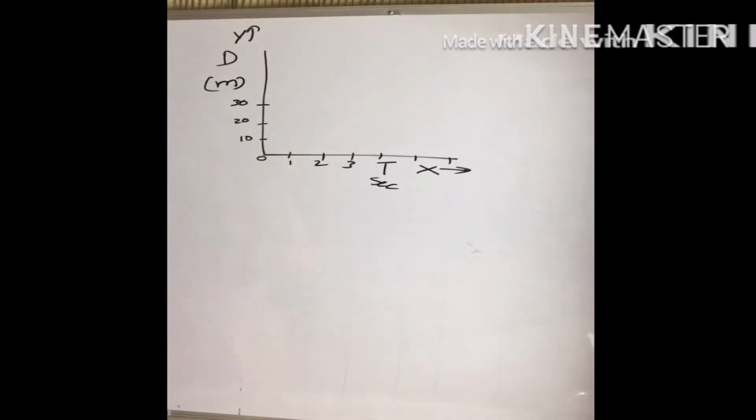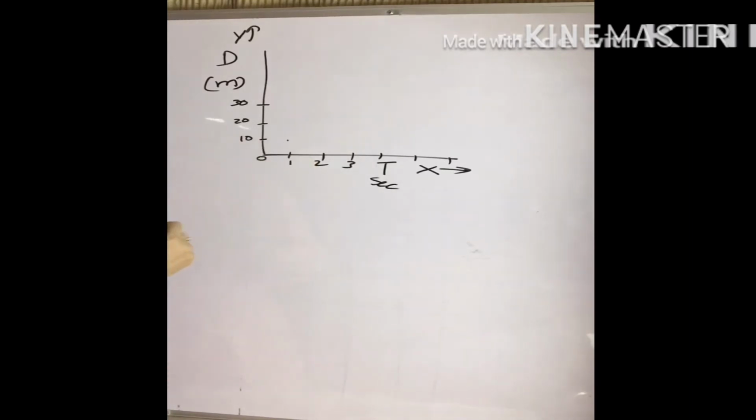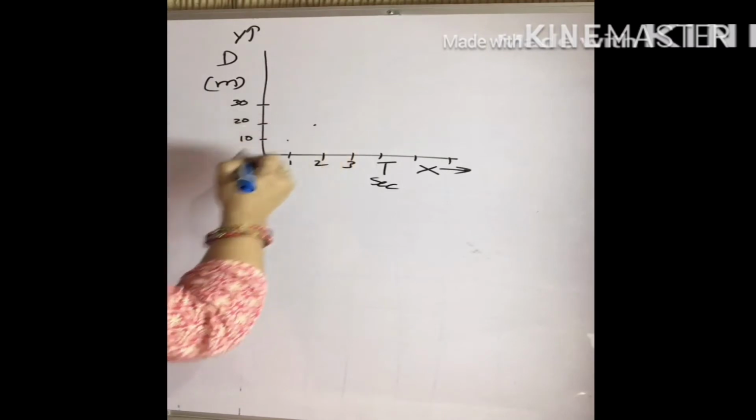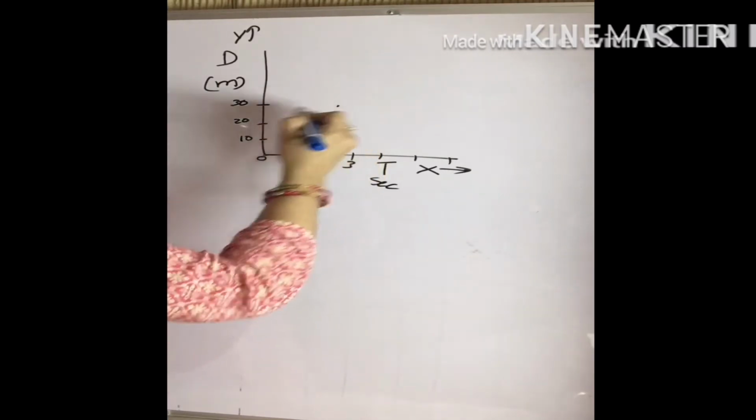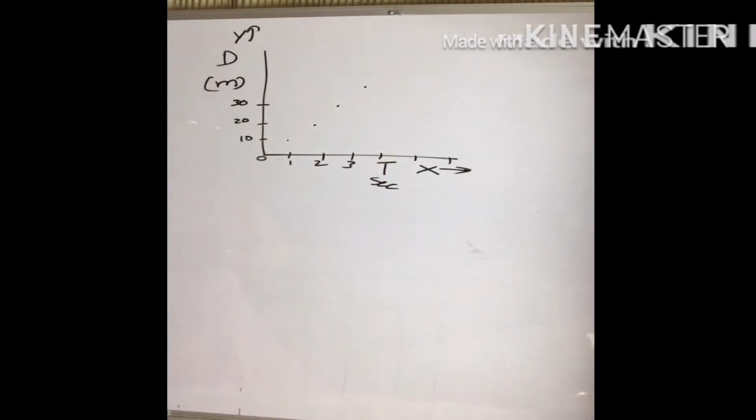In 1 second, suppose the body covered a distance of 10 meters, 2 seconds, 20 meters, 3 seconds, 30 meters, 4 seconds, 40 meters, like that. That means the body is covering equal distances in equal intervals of time.